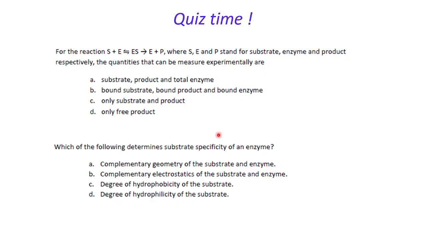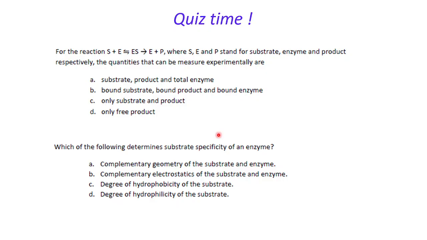So you can measure the total enzyme because that is what you're adding from outside. There are different ways of how you can measure it. Also, the substrate concentration and the product concentration can be measured with time using multiple enzymatic assays that are present. So option E is correct.